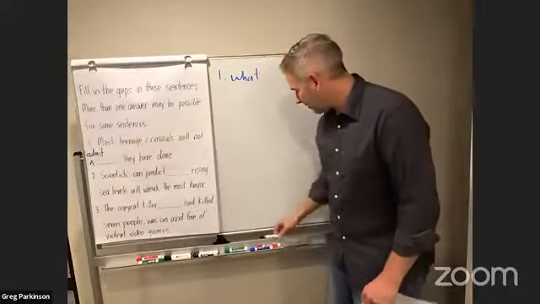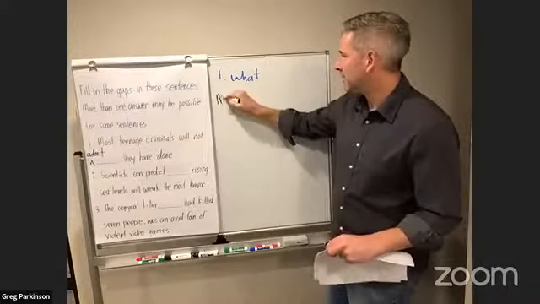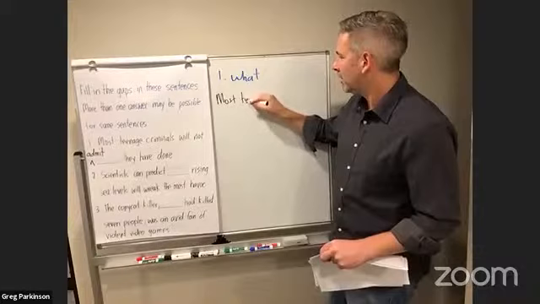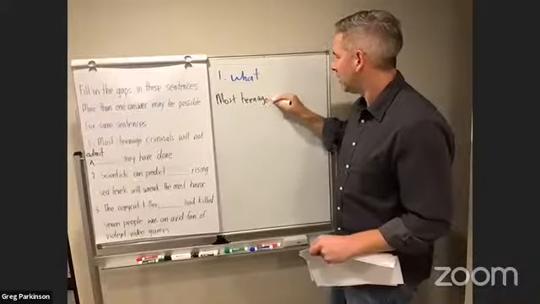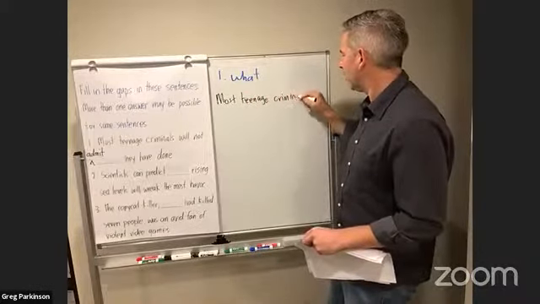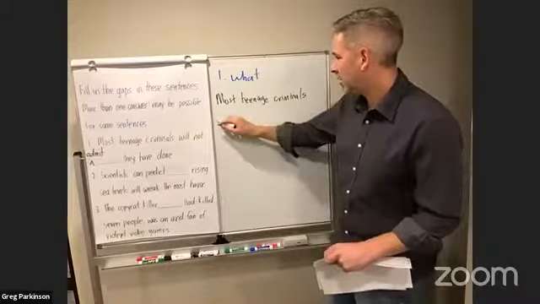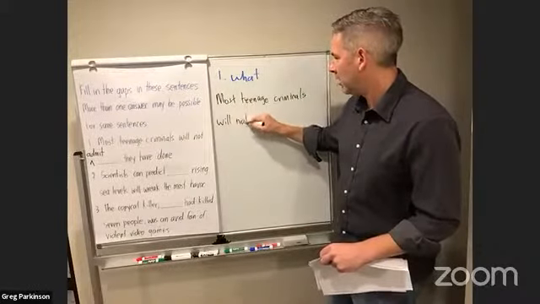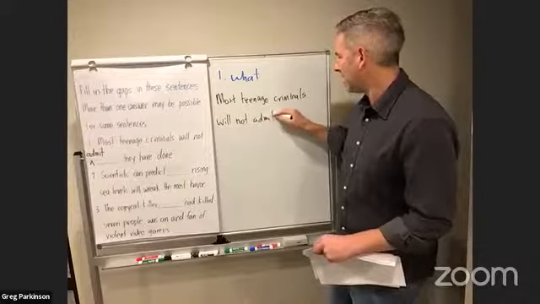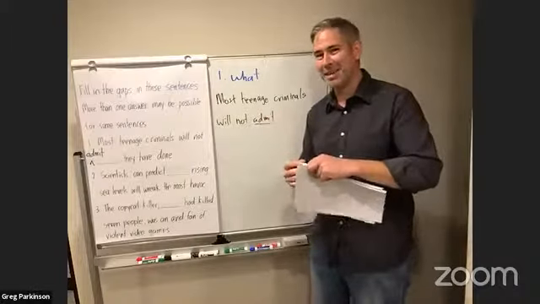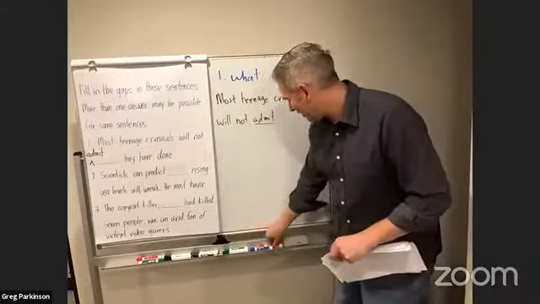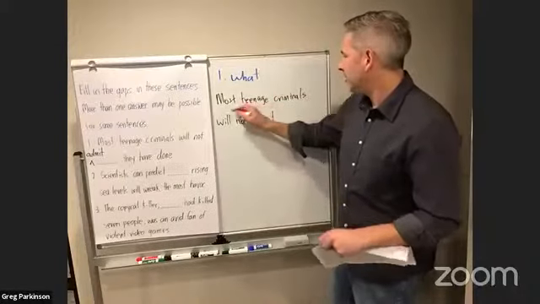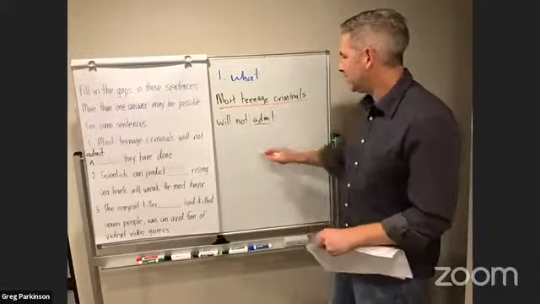Most teenage criminals. So I'll write it up on the board. Again, I'm going to underline that because it was missing to begin with. Sorry again. So most teenage criminals is the subject.